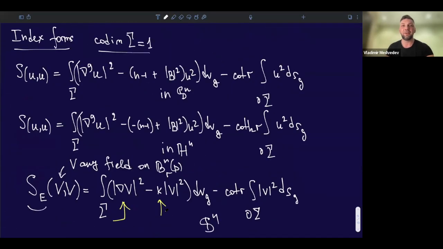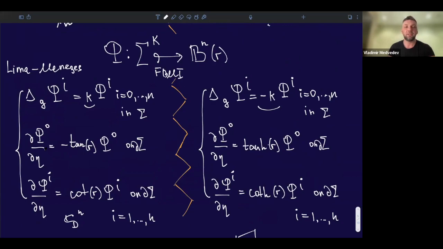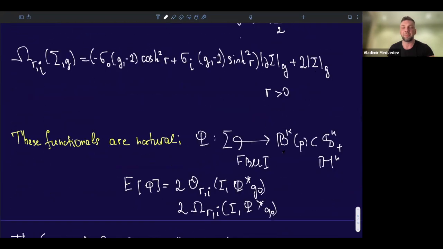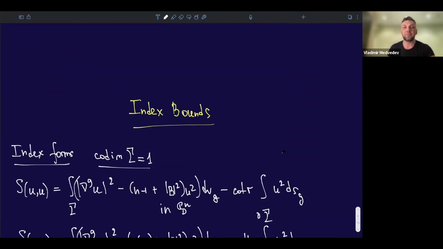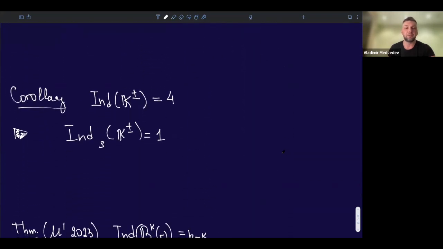This eigenvalue is exactly minus tangent r, which is in this characterization of components of the immersion of our free boundary minimal immersion. And you do this by ODE analysis, which is quite boring analysis actually, but not very complicated.